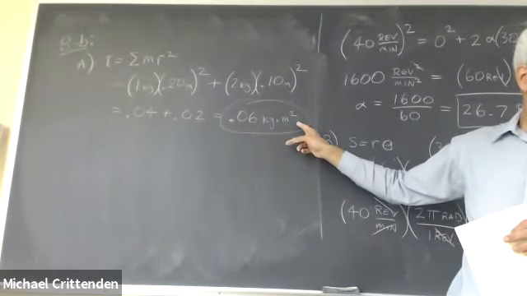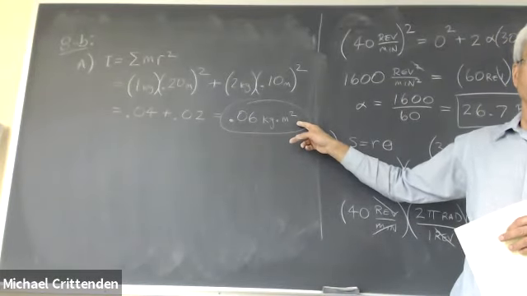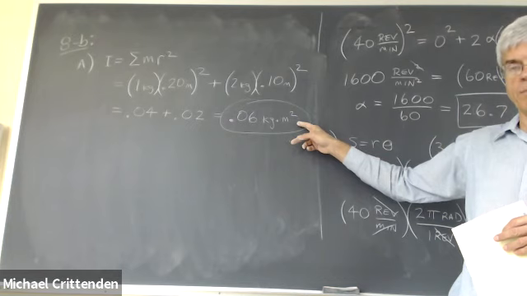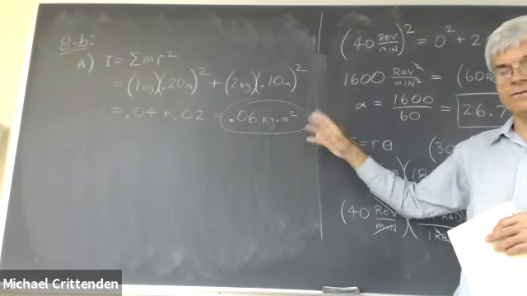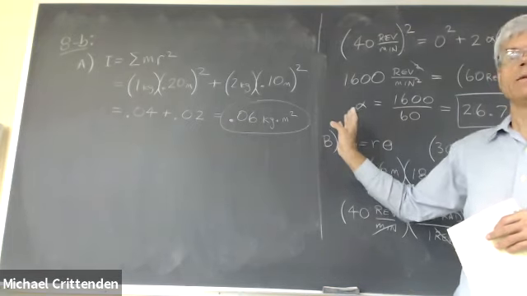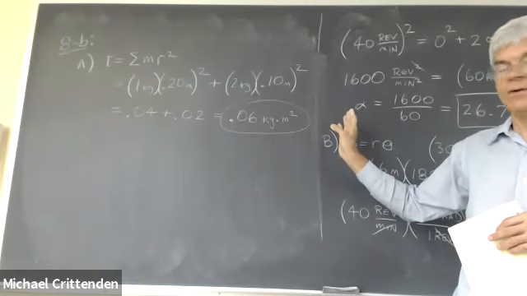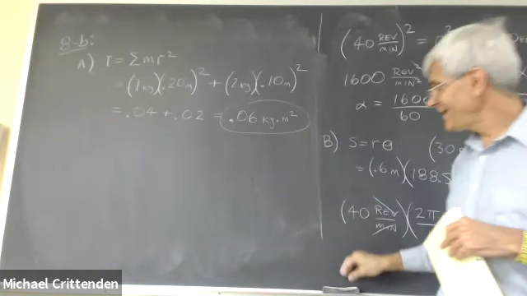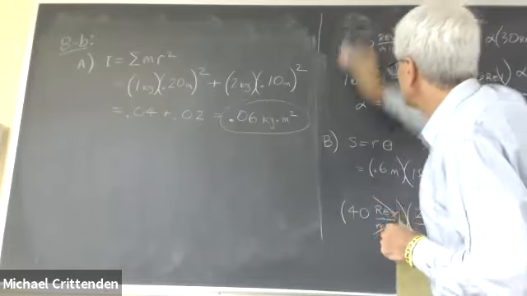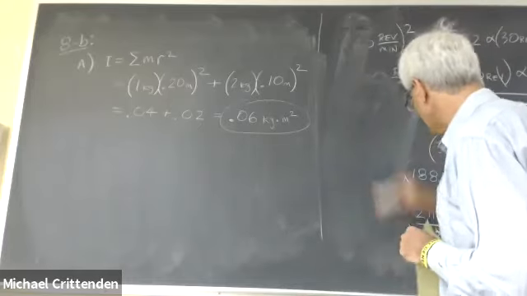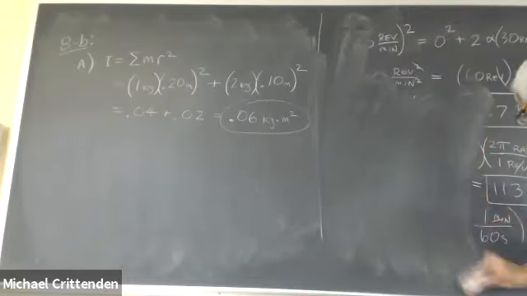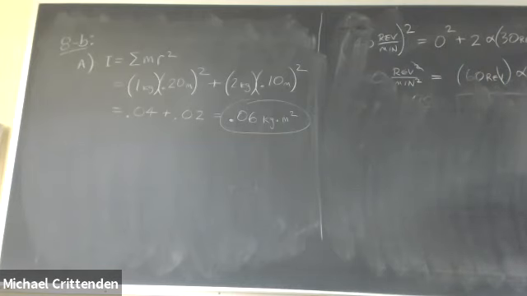Kilograms times squared meters. Quite often the SI system gives a special name to a combination of units like this. This is not one of those times. Nobody has ever given a name to that unit. It's just kilograms times squared meters. Who would want a unit of inertia named after them?